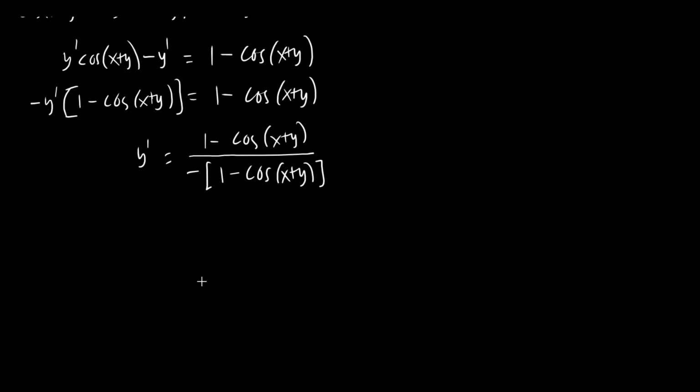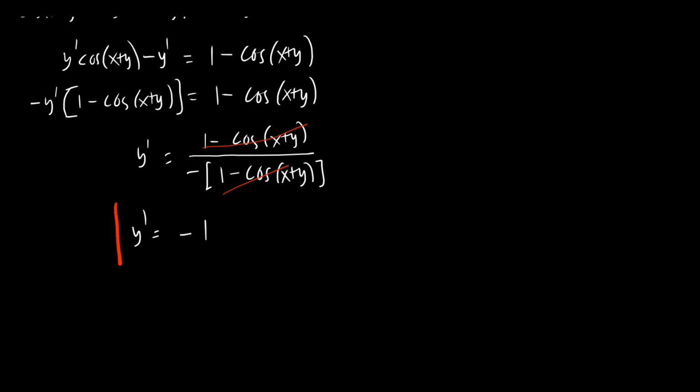Now the 1 minus cosine of x plus y cancels with the numerator, so the final answer will be negative 1. So this is now our final answer.